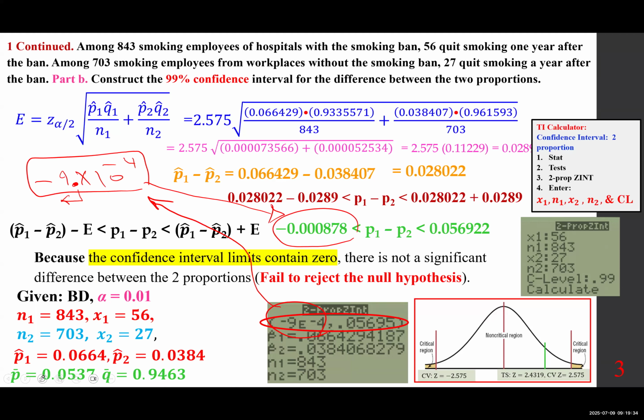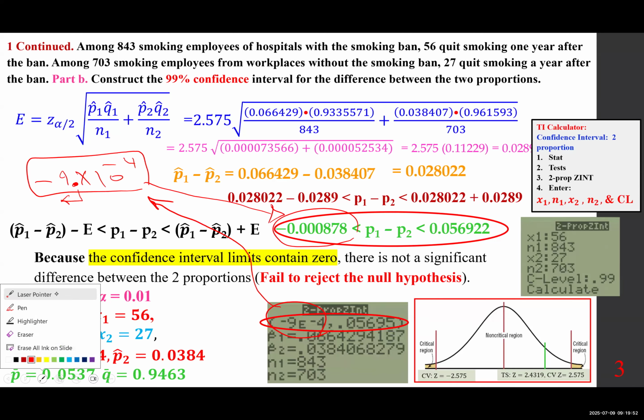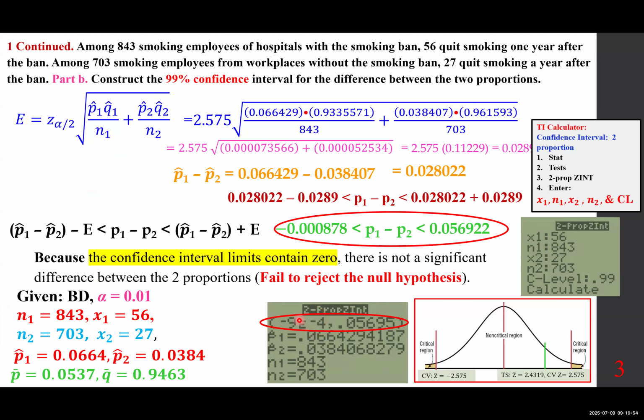So this is done by technology. This is done by table, but the numbers are extremely close, as you can see. We see the two are almost identical.